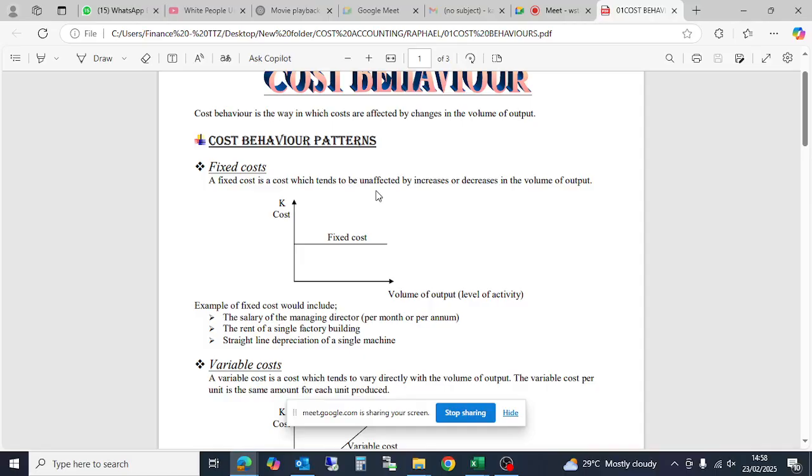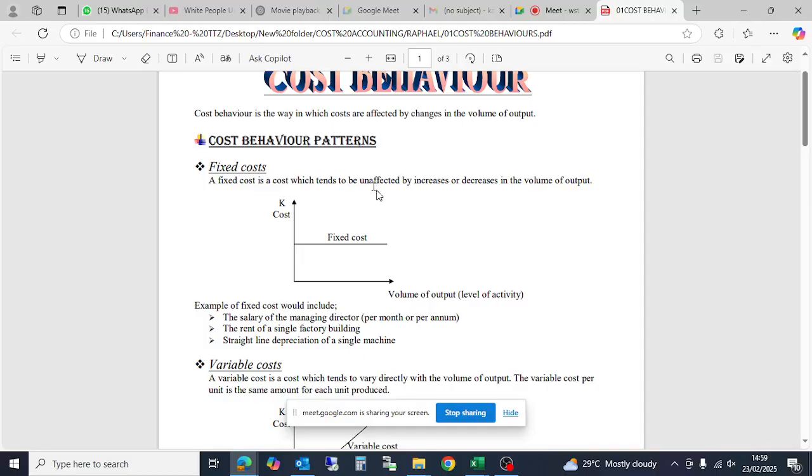So if we produce 2,000 units and we spend 2,000 kwacha on stationery, even if we produce 5,000 units, still our stationery should be 2,000 kwacha because stationery is a fixed cost. It's a cost that is not affected by production or changes in output.